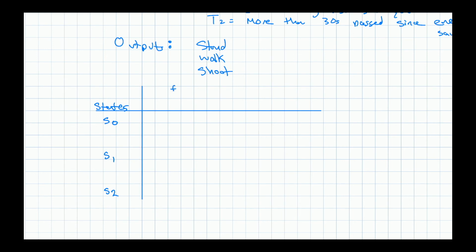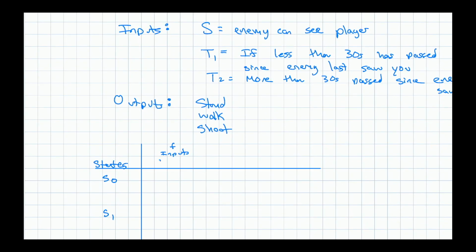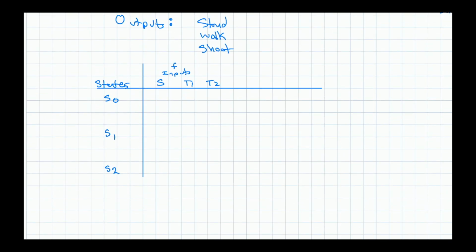We have our F, with our possible inputs S, T1, T2, and then our G, where again our inputs are S, T1, T2. All right, so there's our table.